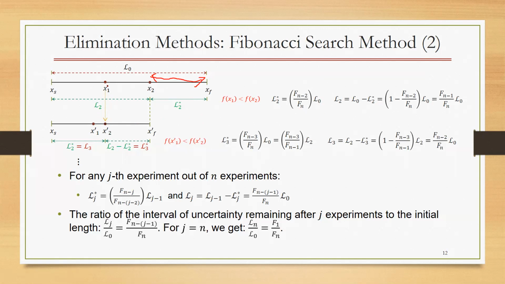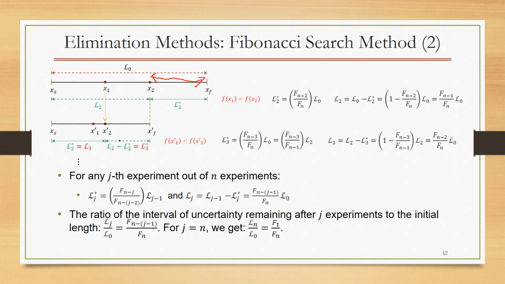So this x1 actually becomes our x prime 2, and now we have to find another new point, which would be x prime 1. Again, this distance is what we call L star 3, equal to the length of L2 minus L2 star.